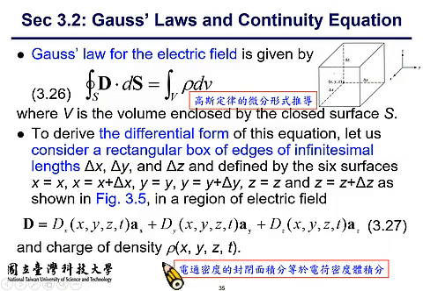So therefore, they have four dependences, including the position x, y, z, and the time dependence t. And so does the distribution of the electrical charge rho, which is also written as a function of time and space. So it's written as rho as a function of x, y, z, and t.